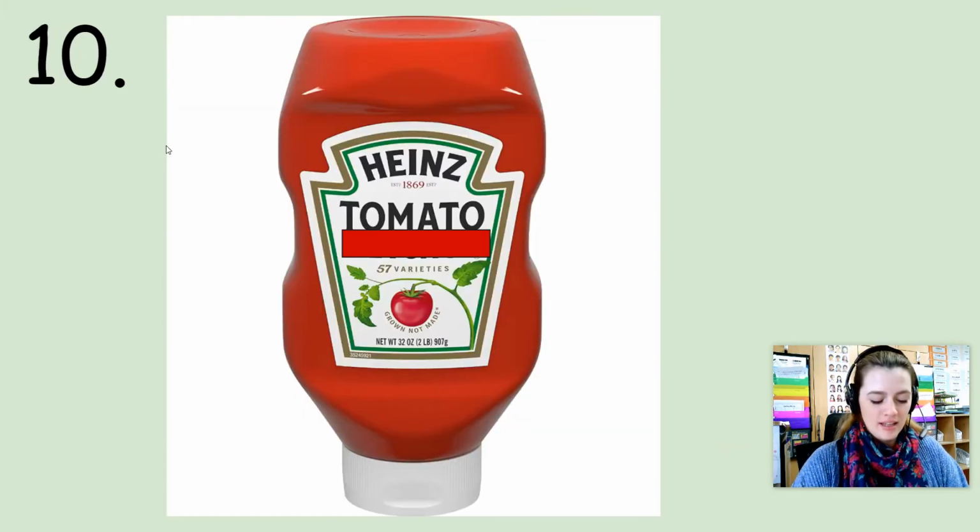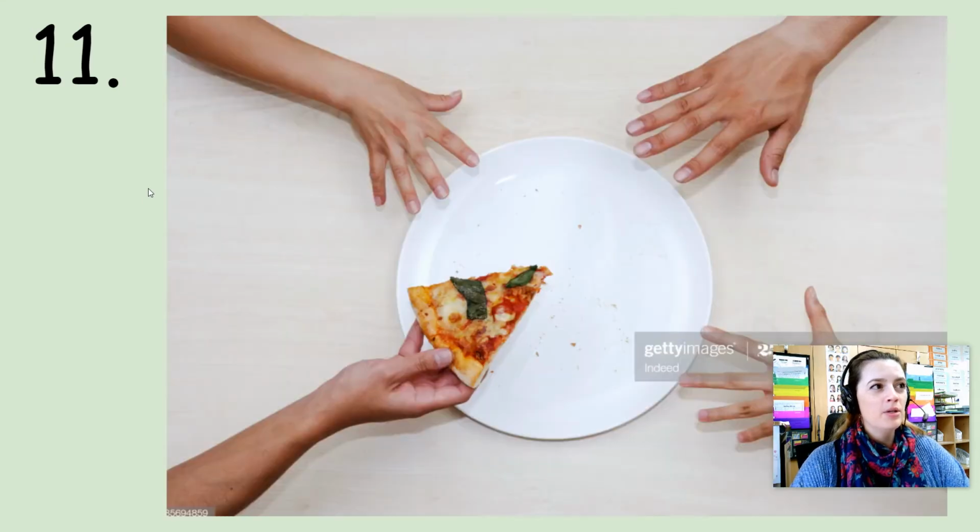Number 10, ketchup. And I blocked out the spelling of it because it was on the bottle. Okay, do you like ketchup? I do. Number 11, snatch. Don't snatch the last piece of pizza.